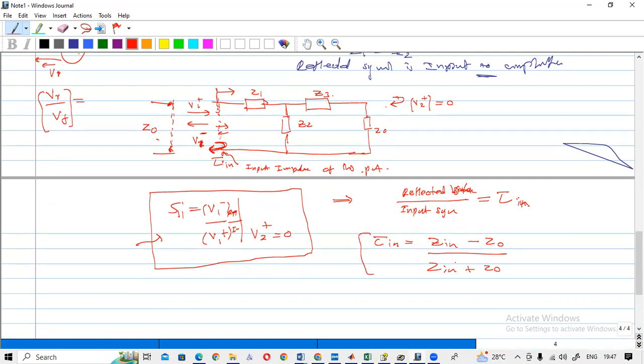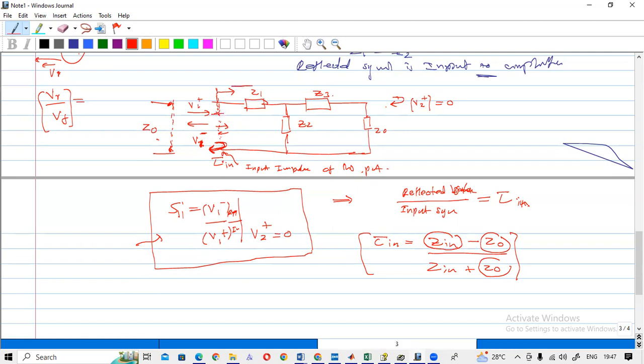Now you have to calculate this value. Z0 is given. You need to find Z in. What is the input impedance actually? That is the total impedance of this circuit, no? That is the input impedance, the total impedance of this circuit.